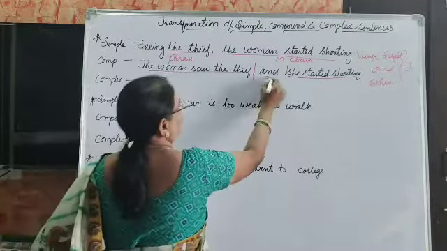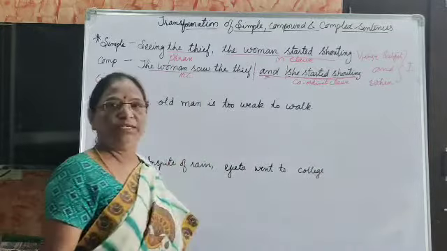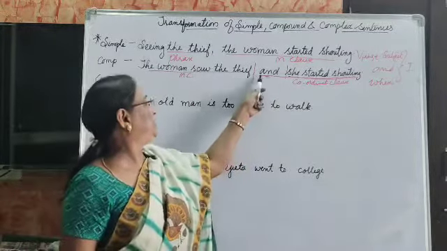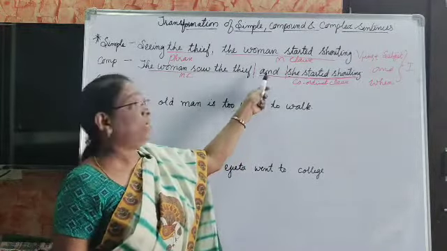This is the conjunction. The woman saw the thief: this is the main clause. And she started shouting: this is the coordinate clause. Why do we say this is a coordinate clause?